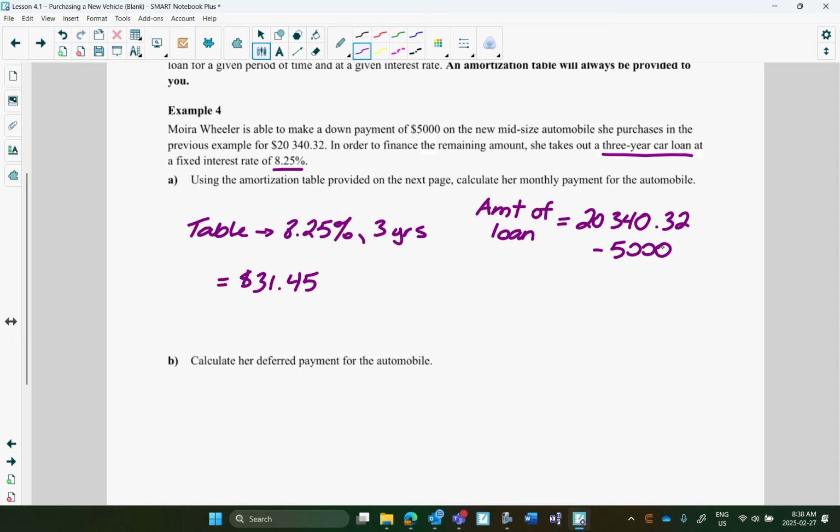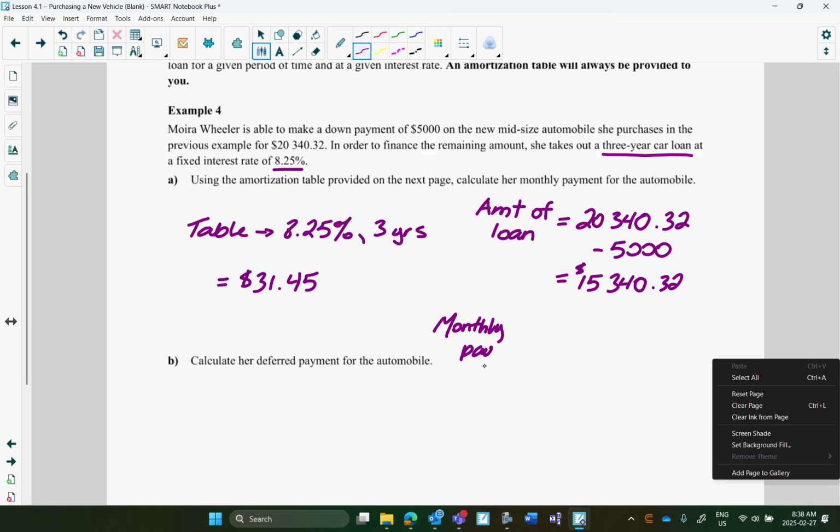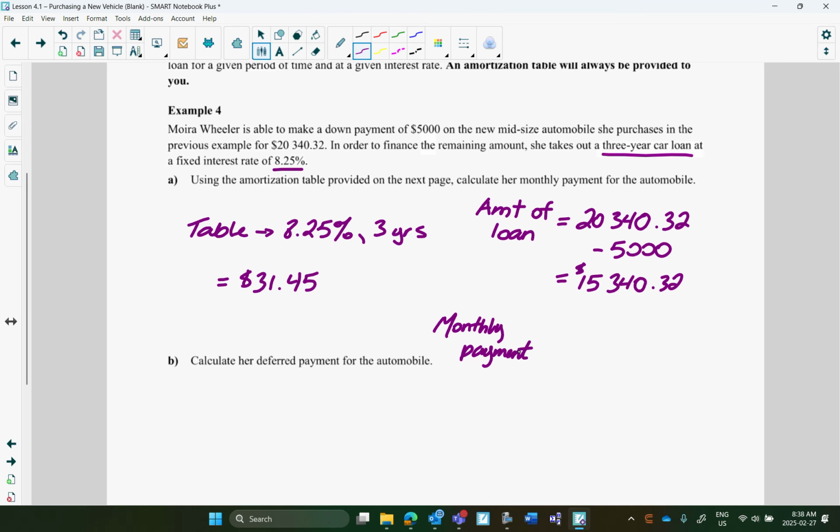Which means she's going to have to take a loan out for $15,340.32. And for every $1,000 of this, she gets charged $31.45. So to figure out her monthly payments for the loan, we have to take how much it costs for $1,000 and multiply it by this.